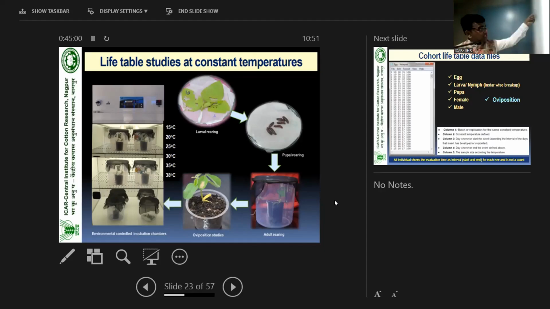This is the case with Spodoptera litura, which I studied almost 6-7 years back at different temperatures. At one time in one incubator, you can maintain only one constant temperature. A fluctuating temperature set is different, which is the next step I will tell you. Then you have to track the development of each cohort, from egg, larva, pupa, adult, then mating, oviposition, and again the next generation.